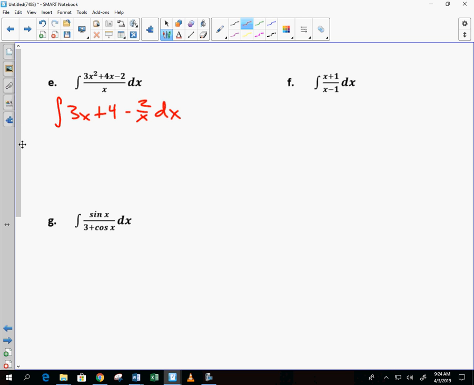I just divided it. Pre-calculus. Algebra. Math. All right, so let's take the antiderivative now. What's the antiderivative of 3x? What's the antiderivative of 4? What's the antiderivative of 2 over x?